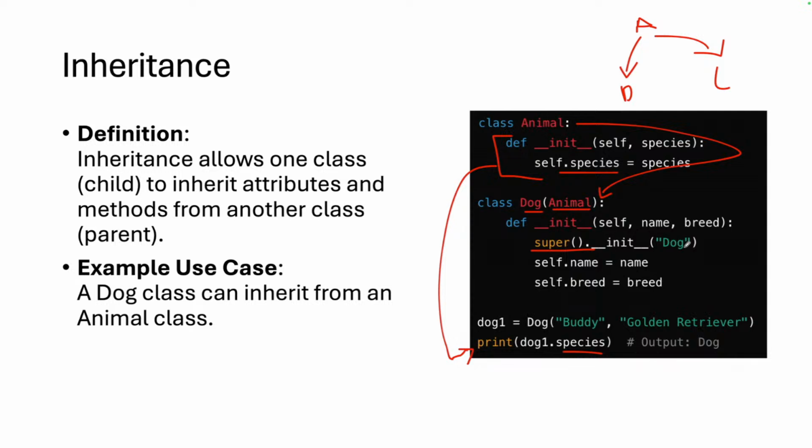So super.init, we're passing in dog to this init function of super. This is what is bringing in the initialization of species into this class definition. So yes, dog is getting assigned species. That's a great question. I missed that piece there. Thank you. You're welcome.